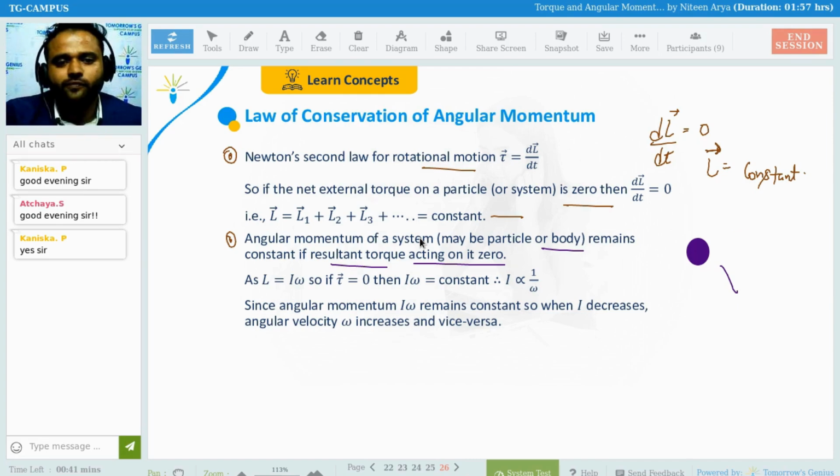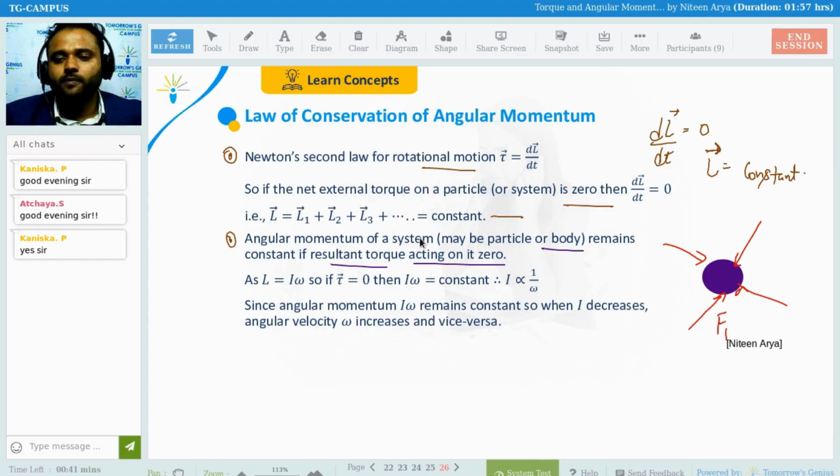You can first learn it in analogy with force. If it is a ball, the net force on this particular ball is 0. We apply a force in this direction, and in that direction also, so F1 is balanced by F2, and F3 is balanced by F4. So it is not displaced from its initial position. The net force is 0. From the second law, force is the rate of change of momentum.